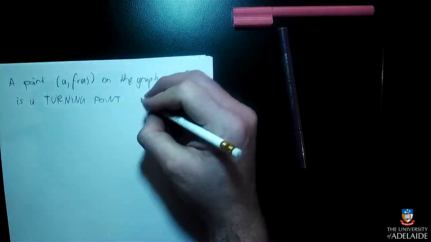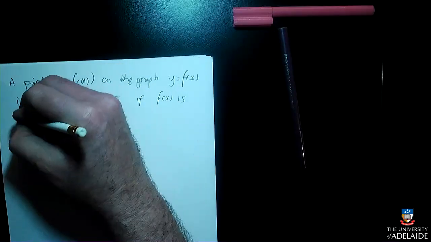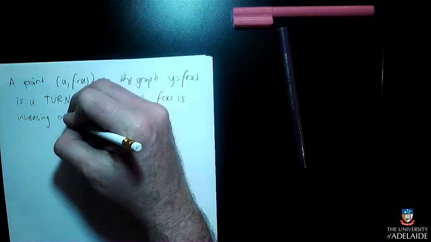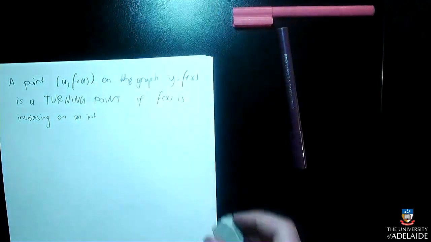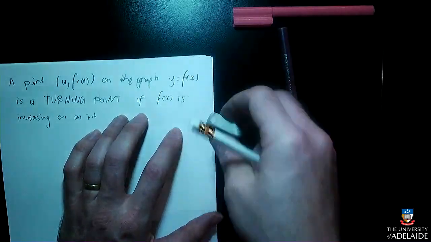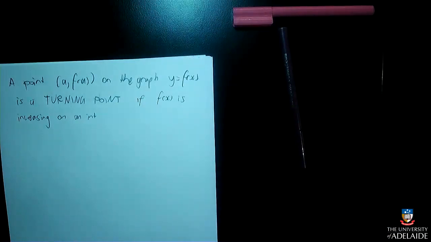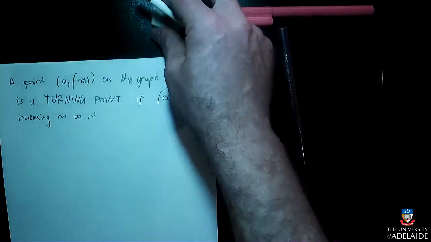Is a turning point if f of x is... oh gosh, it's hard to say, right? It's increasing on an interval that has it as an endpoint, and decreasing on another interval that has it as an endpoint, basically.